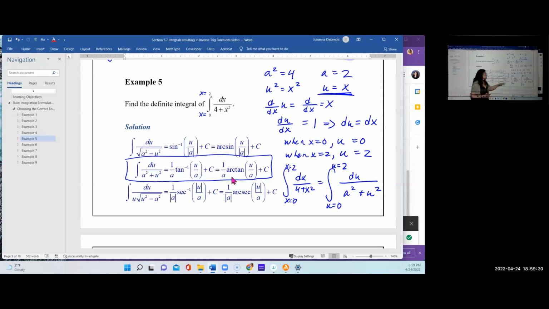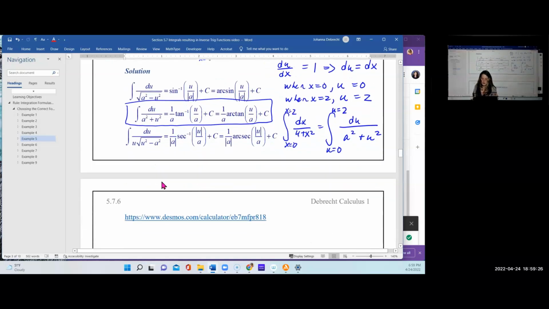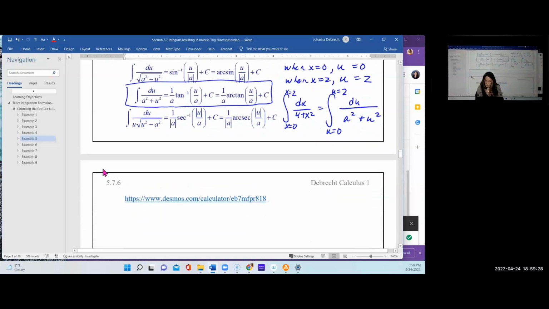So I'm going to choose c to be 0, and I'm going to use the antiderivative 1 over a arctangent of u over a, evaluated between u equals 0 and u equals 2.